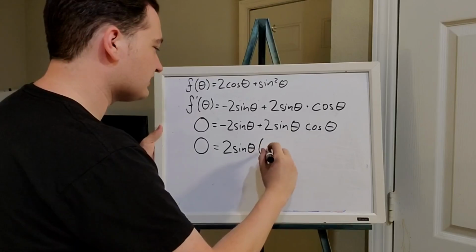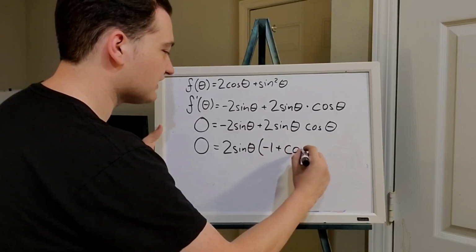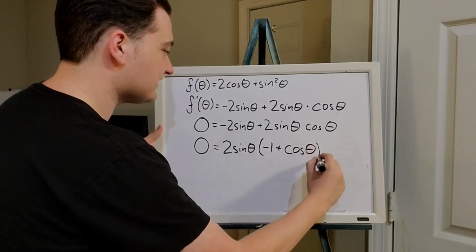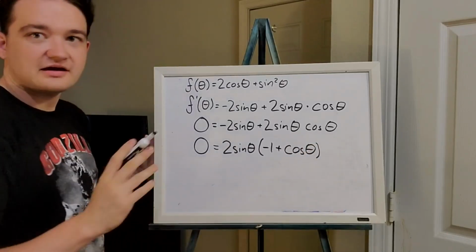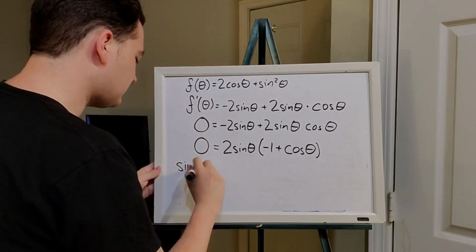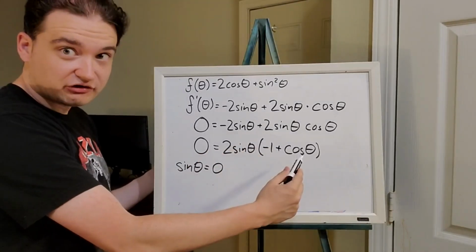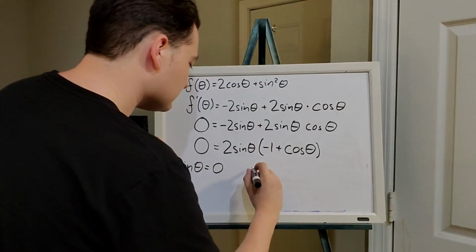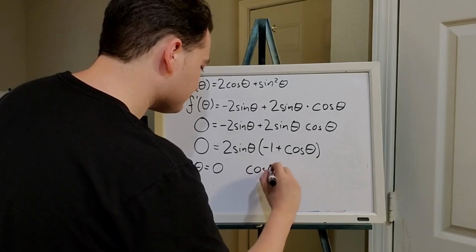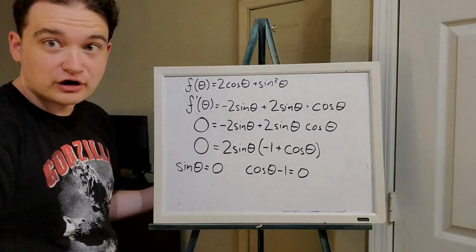So we end up with 2 sine theta times negative 1 plus the cosine theta. Okay, so we have two possibilities. If sine of theta equals 0, this whole thing equals 0. And similarly, if cosine of theta minus 1 equals 0, then this whole thing equals 0.